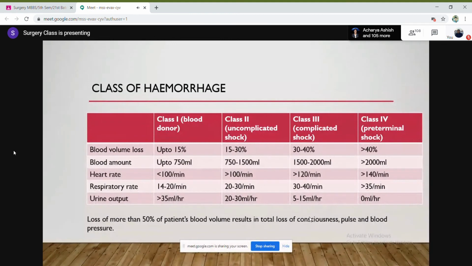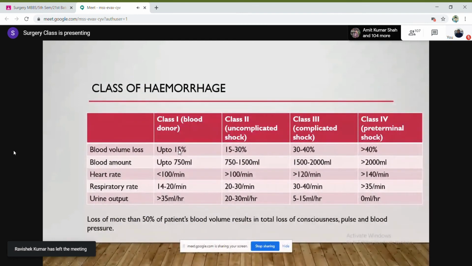Now, if you can see, class 1 is simple blood donor, class 2 is uncomplicated shock, class 3 is complicated shock, and class 4 is pre-terminal shock. If you look at the blood volume lost, in class 1 donor, there is up to 15% blood volume loss.